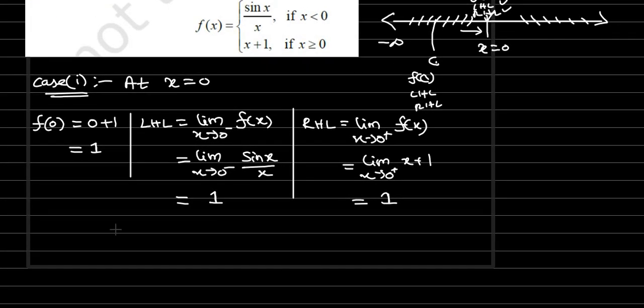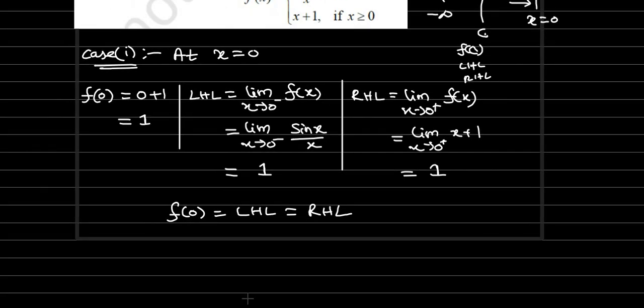Now we can notice that the f of 0 value, the left hand limit and the right hand limit are all the same. From this we can say that the function f of x is continuous at x equal to 0.